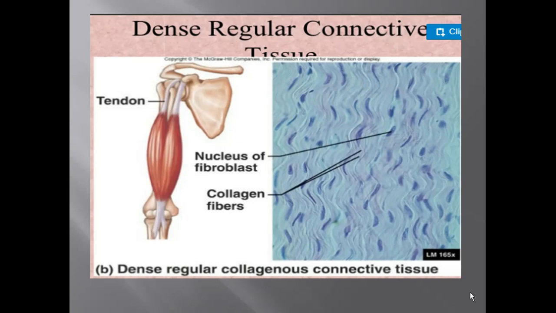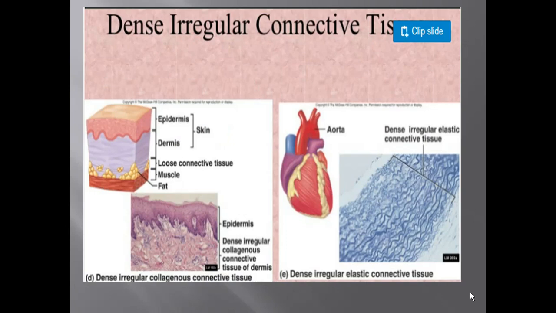It's not a single nucleus, and it is surrounded by collagen fibers. This is regular. While in irregular, you will see a lot of elastic connective tissue, and it is found in the aorta of the heart, and also you find it in the second layer after the skin layer.